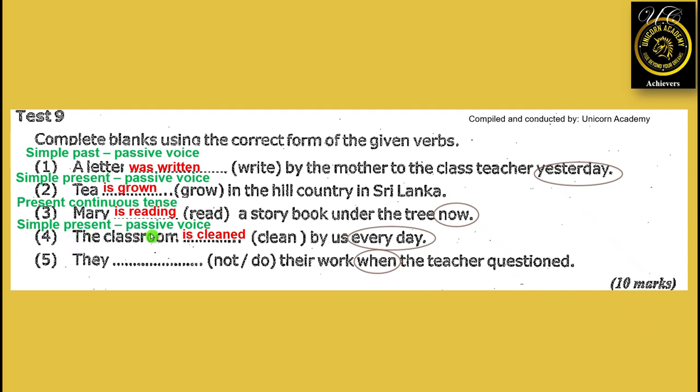Simple present tense, passive voice. So the answer is cleaned. They blank not do their work when the teacher question. When is a clue here. We have to put the sentence in past continuous tense. Were not doing is the answer.